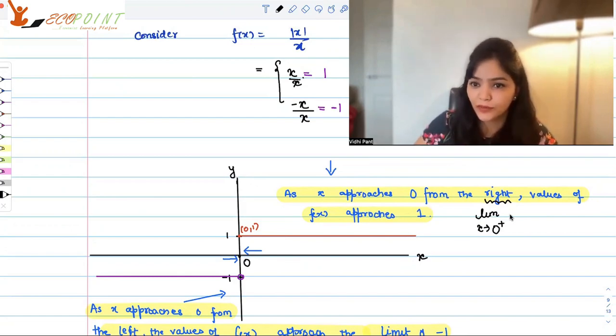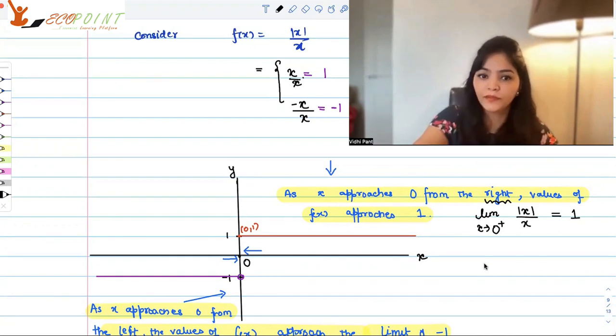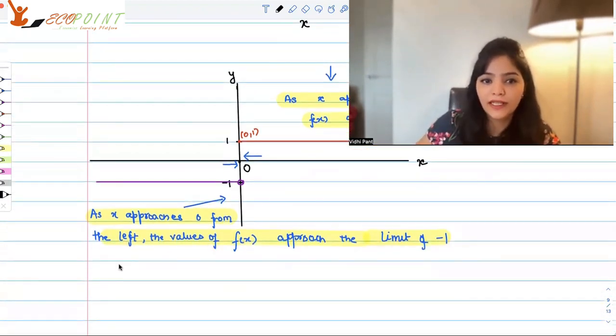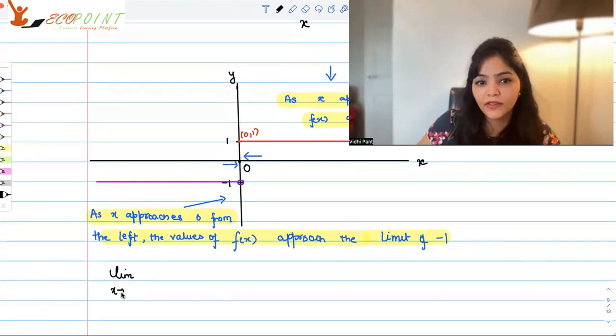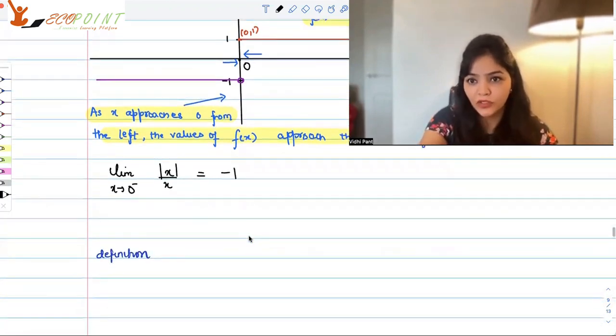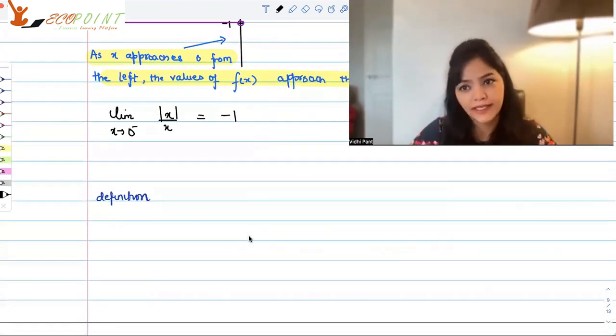So 0 plus is the notation for it. f(x), which is modulus of x upon x, clearly is equal to 1. Similarly, for the left, we write limit x tends to 0 minus of modulus of x upon x is equal to -1.